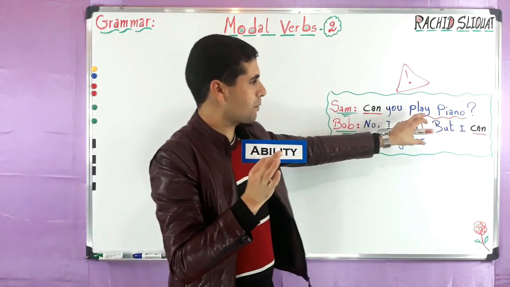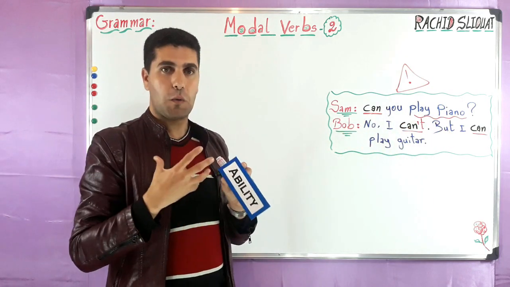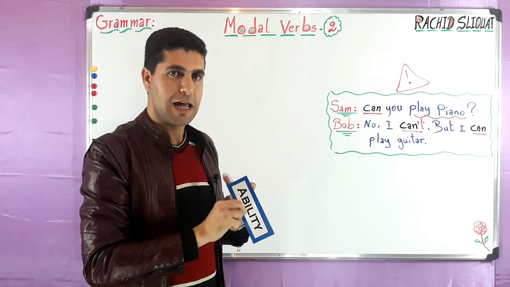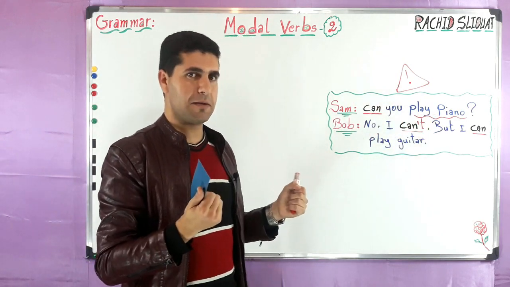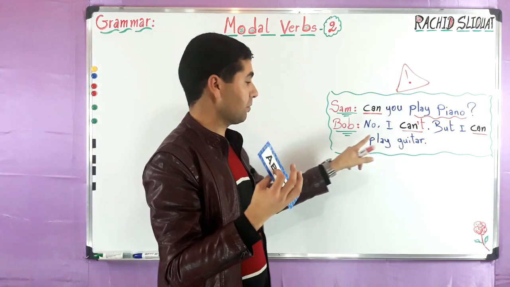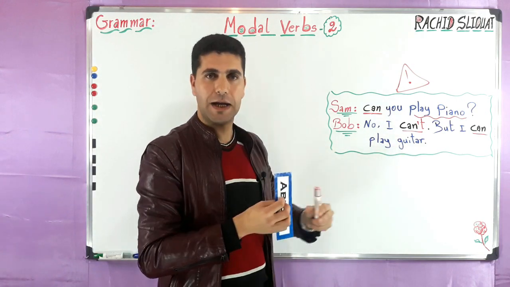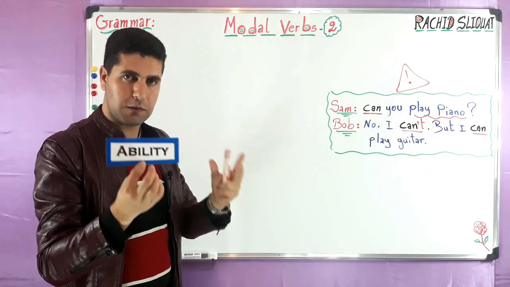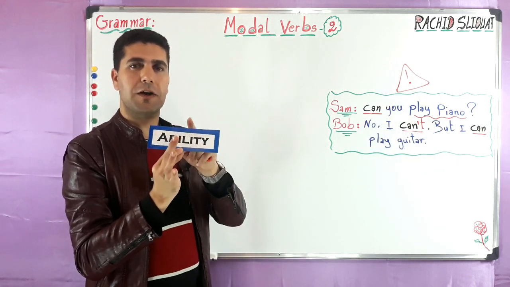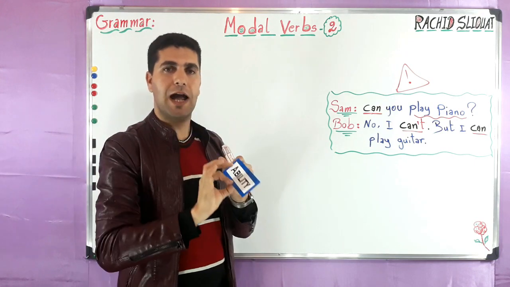This is not something that everybody can do. There are some people who can play piano or guitar. For example, Bob can play guitar and can't play piano. So in this episode, we are concerned with this function: ability, modal verbs of ability, okay?